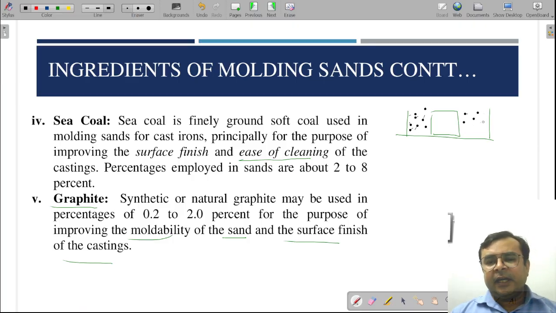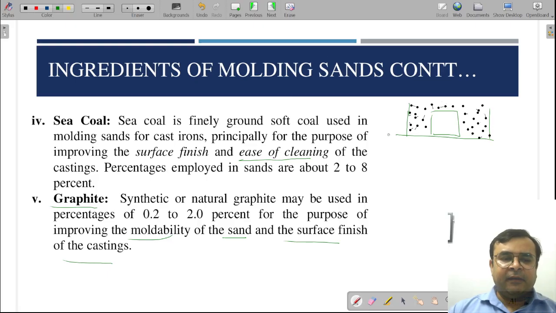Then the molding sand should have enough flowability so that when we apply ramming force, it can flow easily around the corners of the mold box, so that it can fill the entire section of the mold cavity. So this is the purpose of graphite.